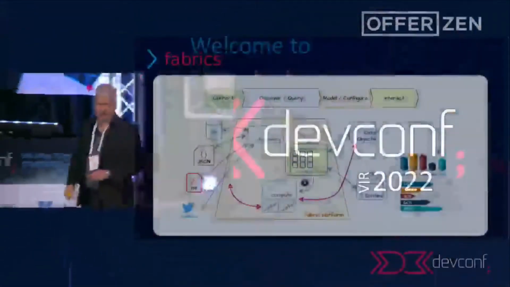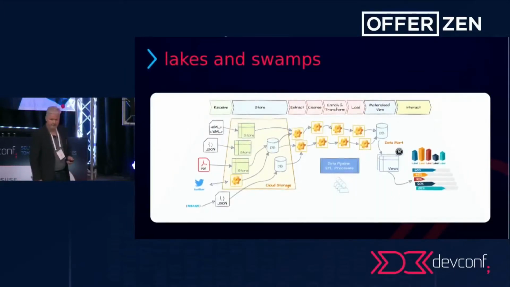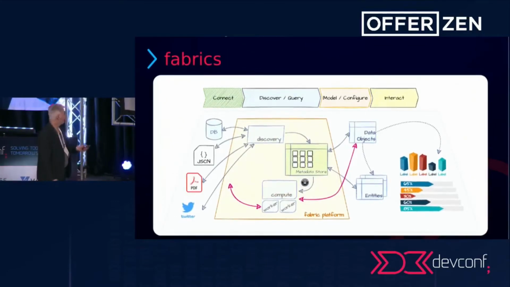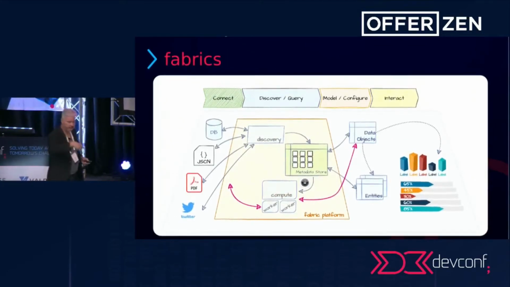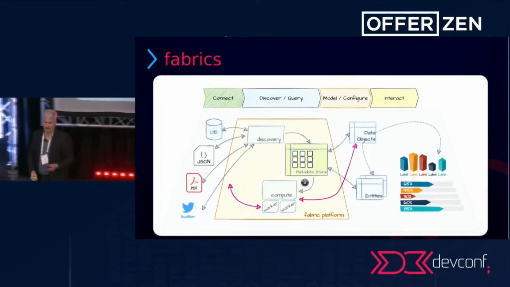So, did you have a question? Yeah. In the previous slide, there was a section where there was transformation and enrichment. So, what replaces that in this one? So the question is, in the previous slide, we had this very long ETL process. What replaces that ETL process?